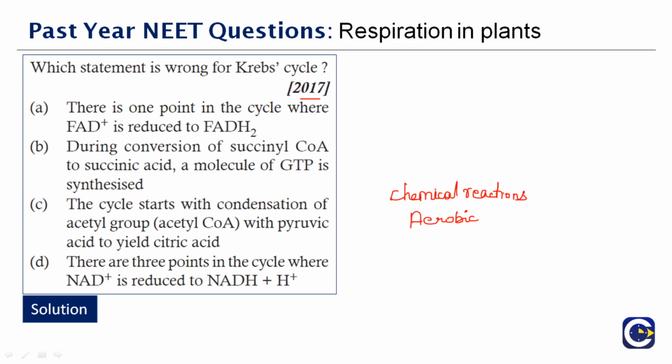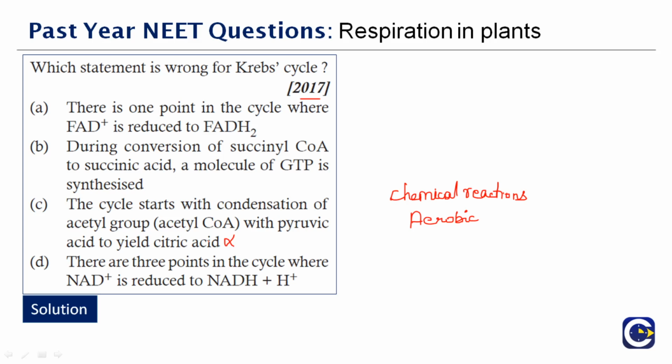Apart from that, the rest of the options are correct. So here, the statement that the cycle starts with condensation of acetyl-CoA with pyruvic acid to yield citric acid is wrong. They are asking us which statement is wrong according to the Krebs cycle.